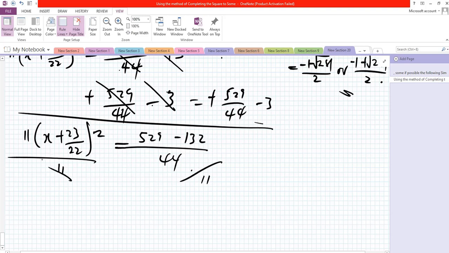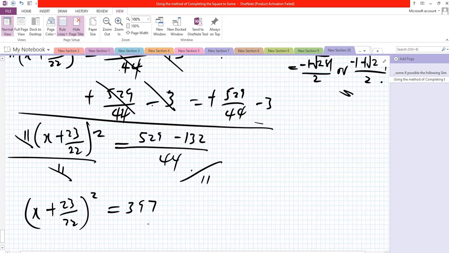We have this will cancel out this. We now have x plus 23 all over 22 brackets all squared equal to this. This will be 7, 9, 11, 397.484.